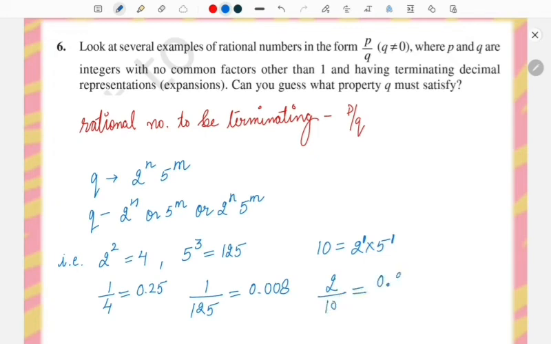It is 0.2, which again is terminating. So for a rational number p by q, the property q must satisfy is that q should be either a power of 2, a power of 5, or a power of both. So this should be the property that q must satisfy.